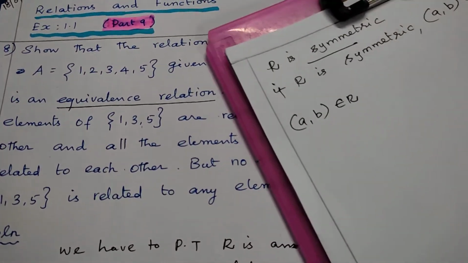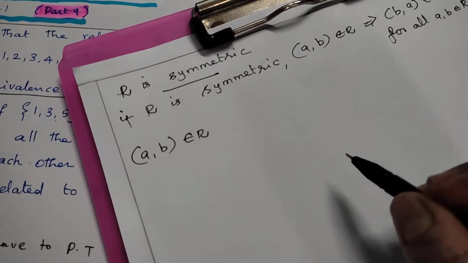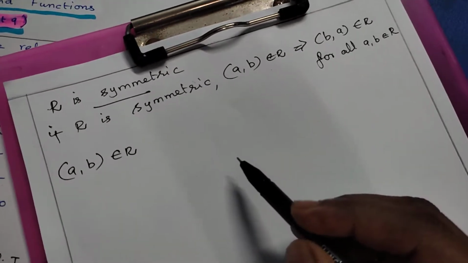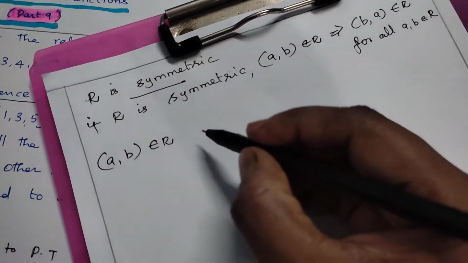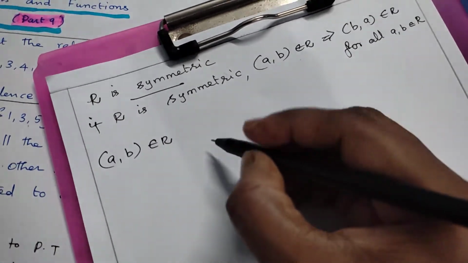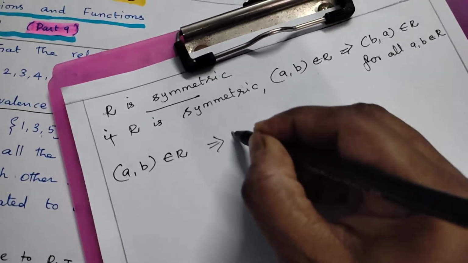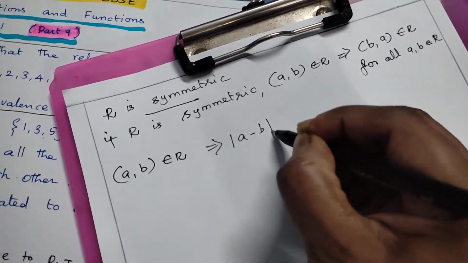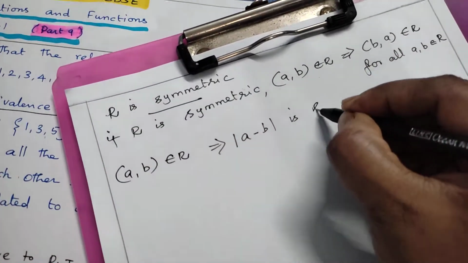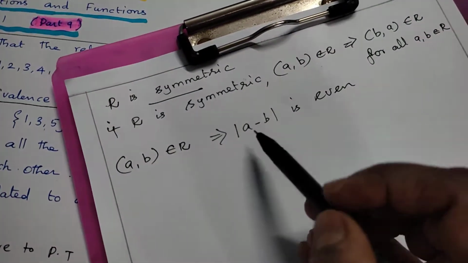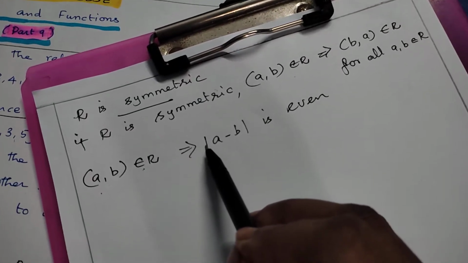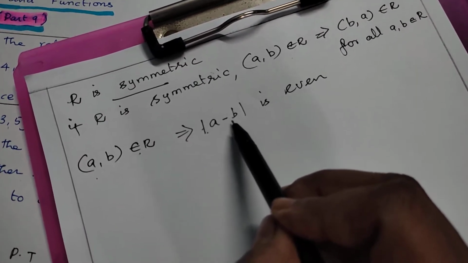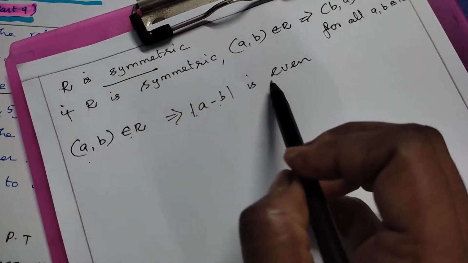So A comma B belongs to R implies that modulus of A minus B is an even number.